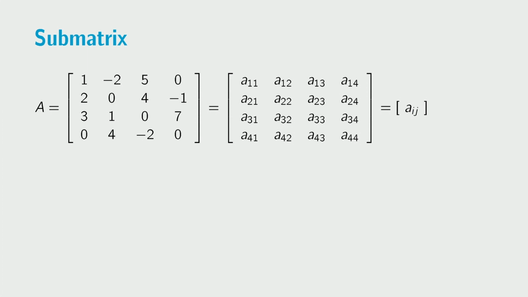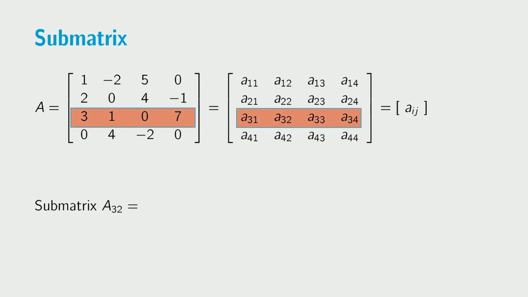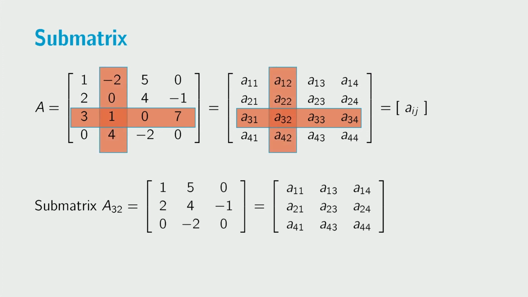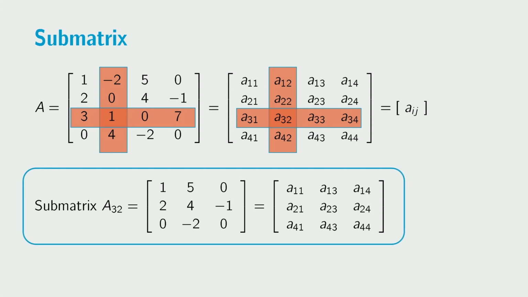The matrix has 16 submatrices, one for each of the elements of A. Each submatrix is formed by deleting one row and one column of matrix A. For example, submatrix A32 is matrix A, but without its third row and without its second column. So this submatrix is a 3 by 3 matrix.